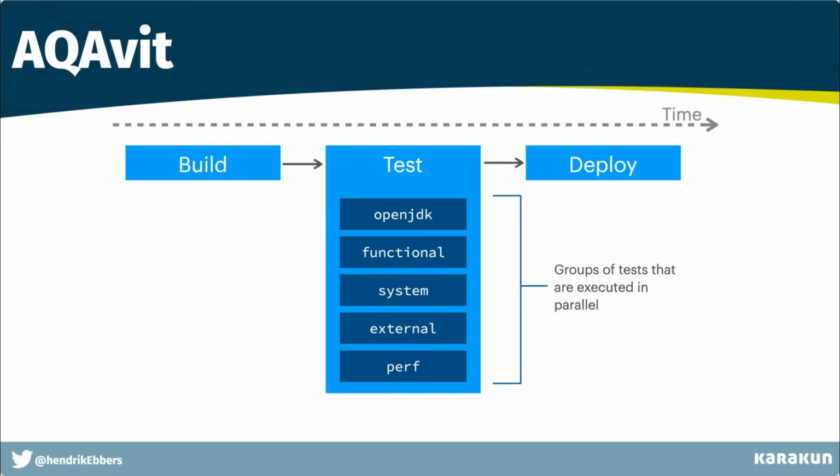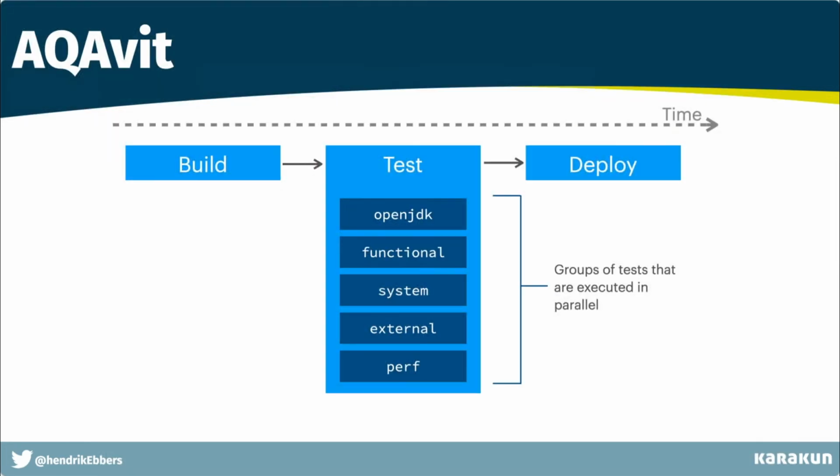Those are not many, but the OpenJDK contains some tests. Then we have some functional and system tests. The last one, the performance module, contains benchmarks that do not test the correctness of Java, but test that the Java builds are fast enough for use in enterprise.